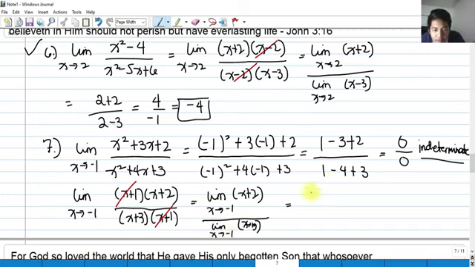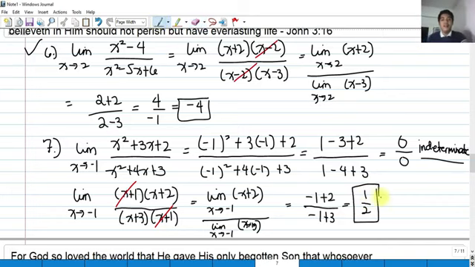So we can simply substitute here because this is a polynomial. So we have negative 1 plus 2 over, I'm doing the shortcuts, okay? And we have the limit of x plus 3 as x approaches negative 1. That's negative 1 plus 3. So we have 1 over 2, and our answer is 1/2. So that should be our answer for evaluating this limit.